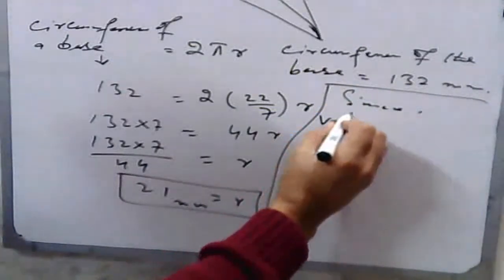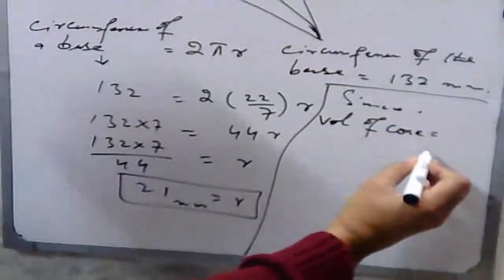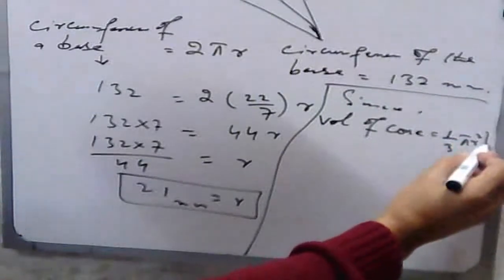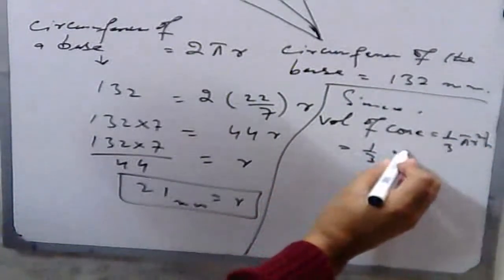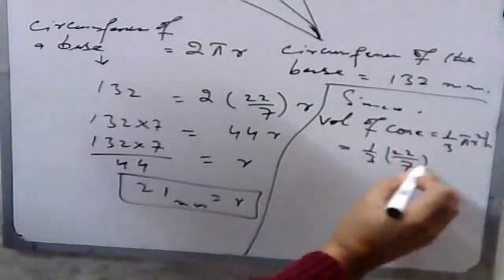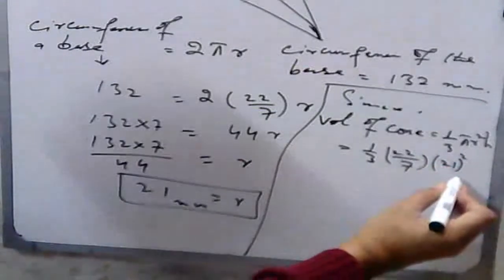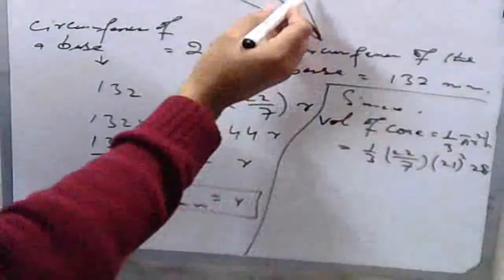Since volume of cone is equal to, we have a formula, 1 by 3 pi r square h. So putting the values, 1 by 3, the value of pi is, and the value of r is what we have just calculated, and h is given to us, that is 28.